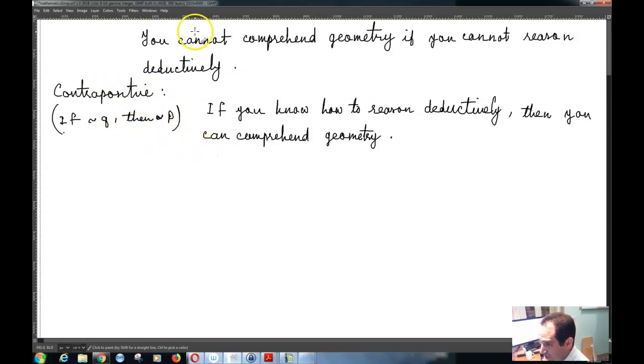Basically the converse of this is, it says that you cannot comprehend geometry if you cannot reason deductively. So the converse of this is you cannot reason deductively if you cannot comprehend geometry.